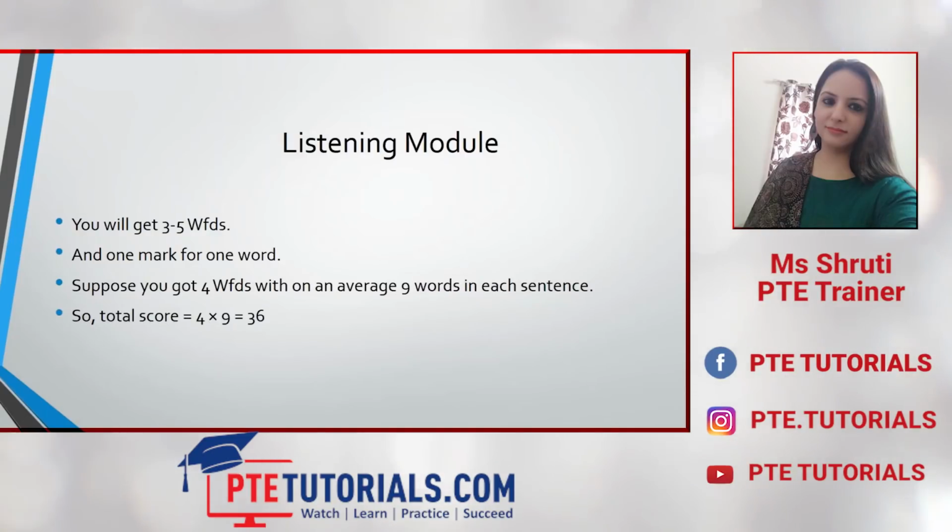And one more thing, now you will be thinking, out of 90 marks, 36 marks from Write From Dictation in listening. And I know that in my paper, all the Write From Dictation came from the repeated stuff, and I did them so well, but still my listening as well as my writing is not crossing 70.